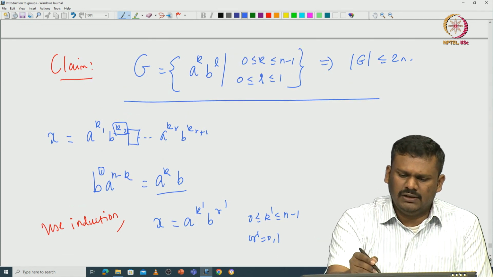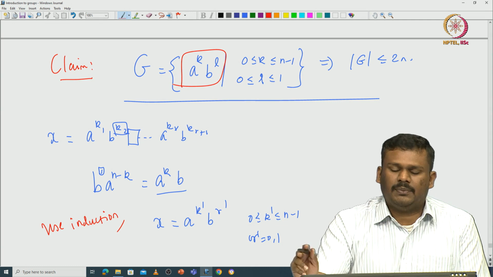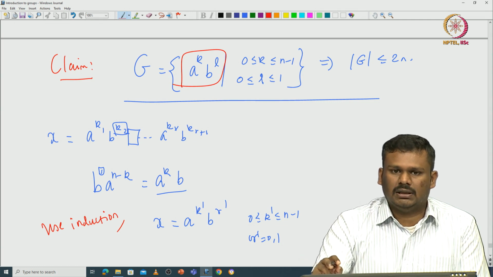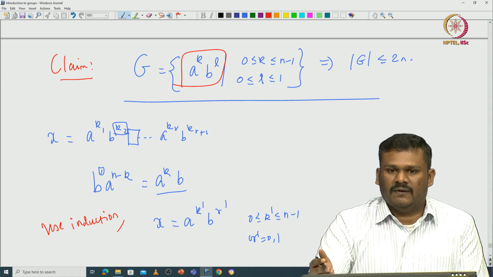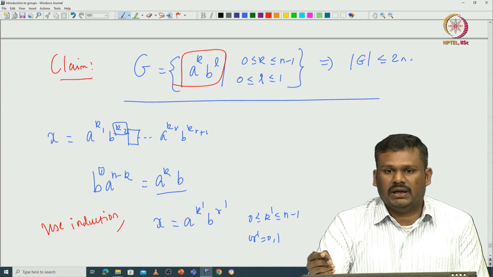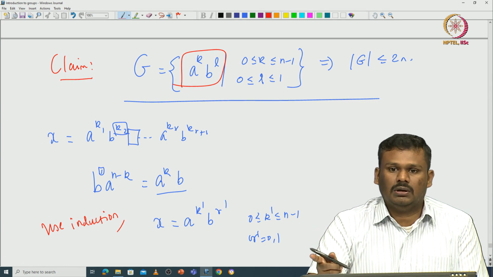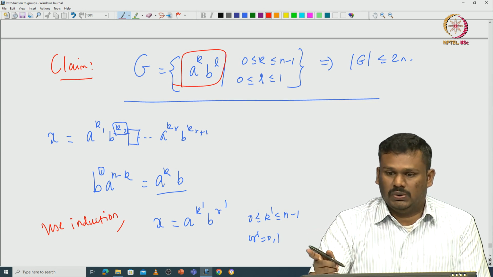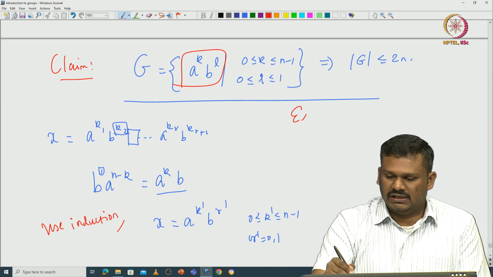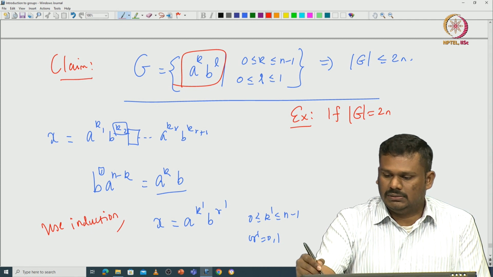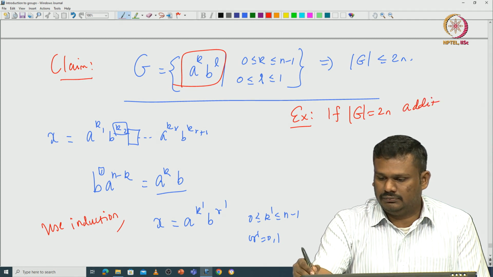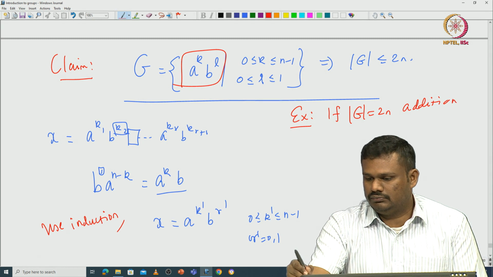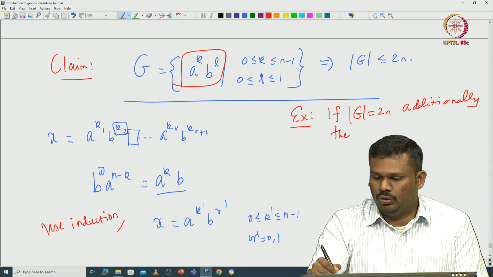Now if for some reason you know all these products a power k b power l are distinct, then we get that G has exactly 2n elements. In that case, you can prove that G is indeed isomorphic to your dihedral group D2n. I will leave it as an exercise. If G has 2n elements additionally, then prove that G is isomorphic to D2n.